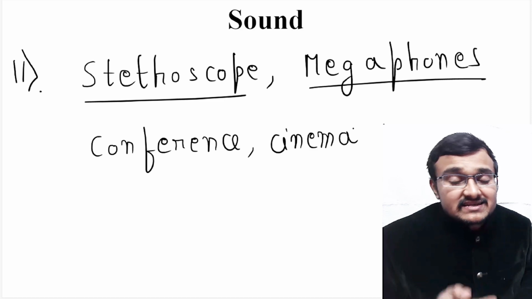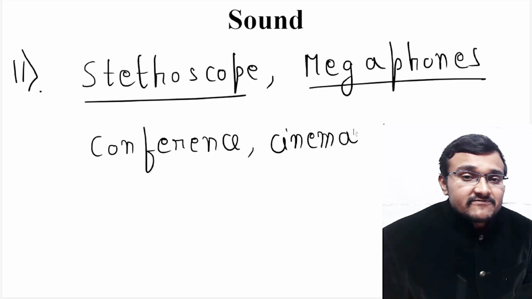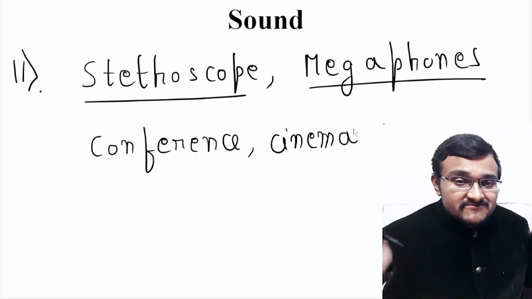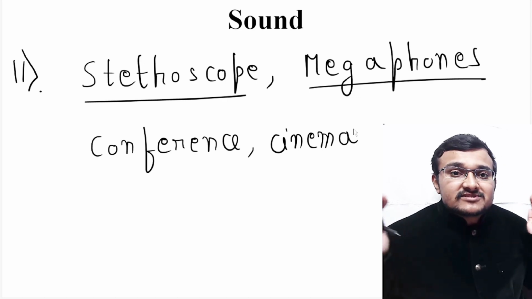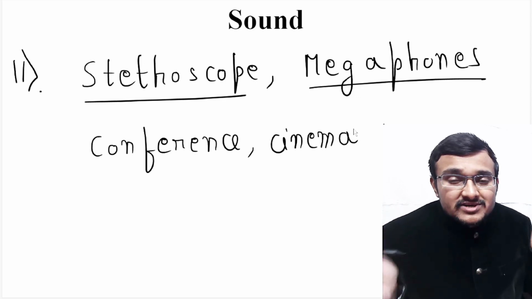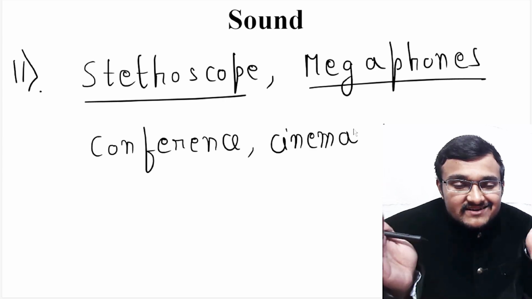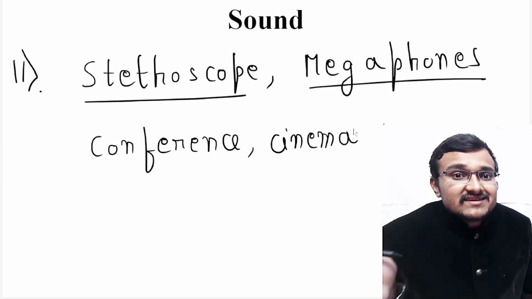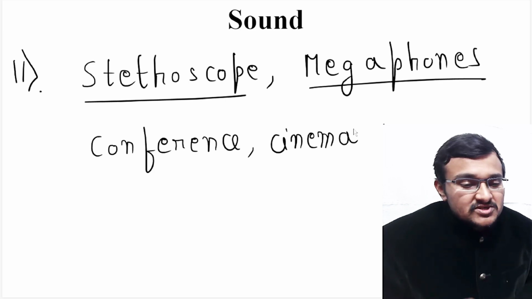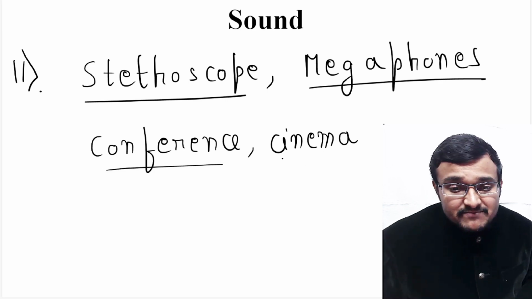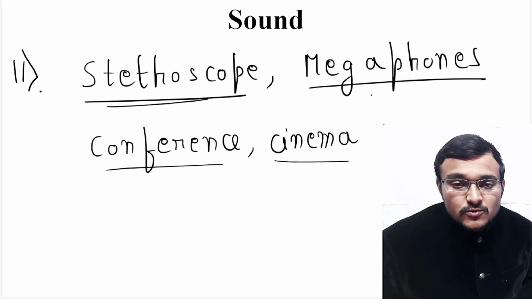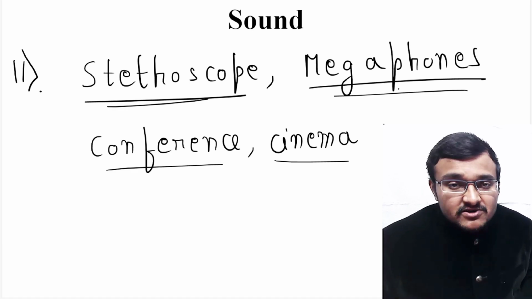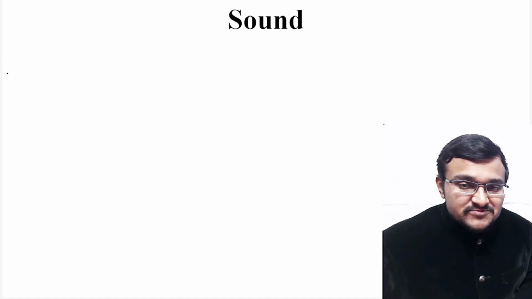For the audience to hear it properly, the reflecting surfaces or curved surfaces of the room are aligned in such a way that the audience sitting there can hear the sound better. So this is also an example of reflection of sound, and stethoscopes and megaphones are also examples. This is all there is in this video.